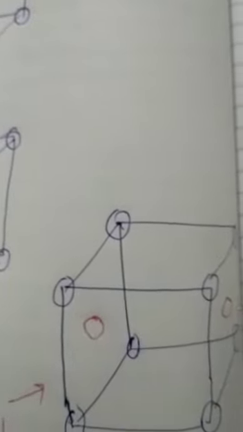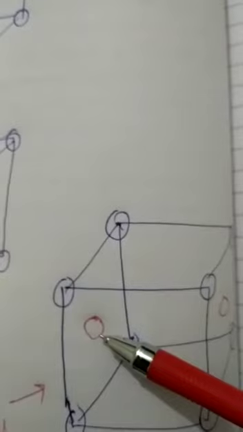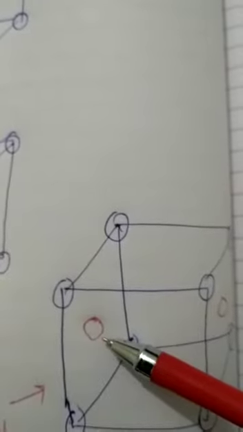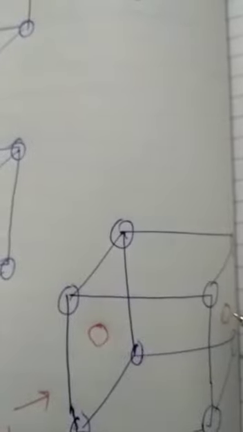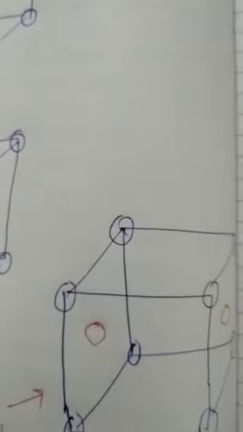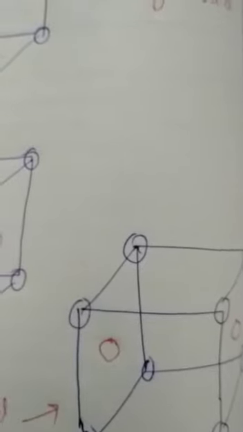See here, this face, its opposite is this face. So only on the center of the two faces, we can say end-centered has atoms on alternate faces. So this is about the categories of the unit cell.